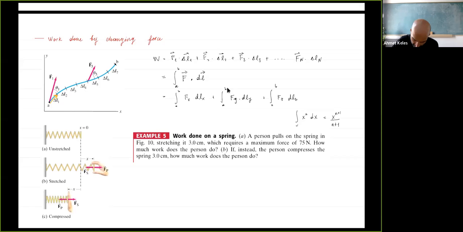And if it's going from A to B, we just put the limits here, and that means this is B to the n plus 1 minus A to the n plus 1, divided by n plus 1. That's everything you need. Maybe I can make it blue so that you just look at this thing.